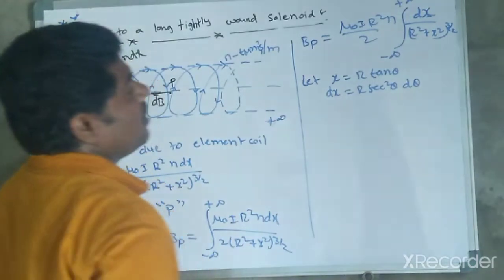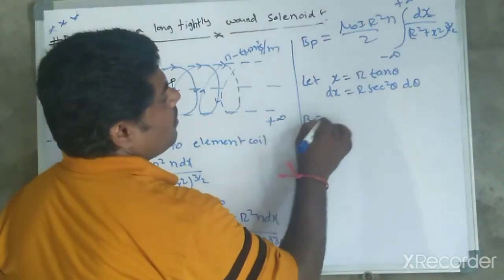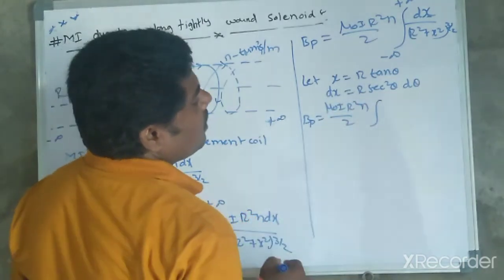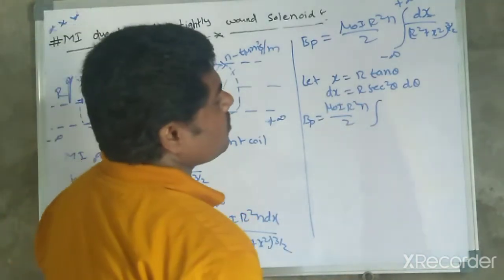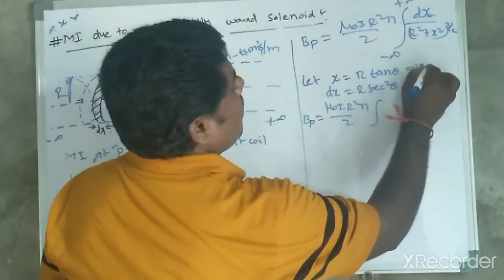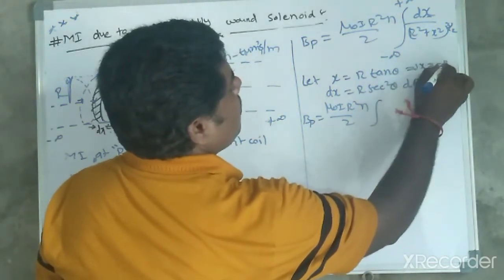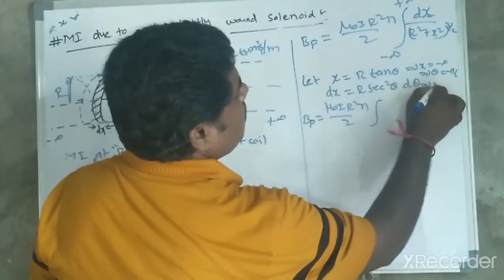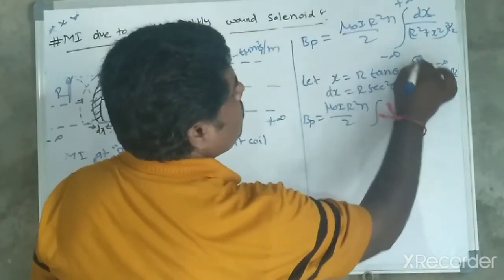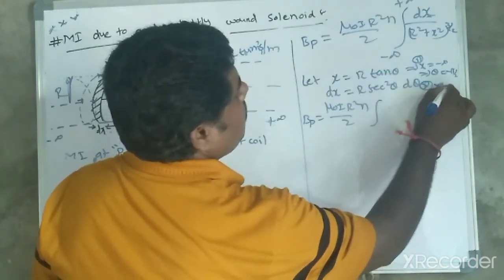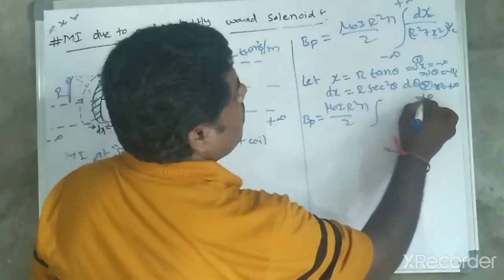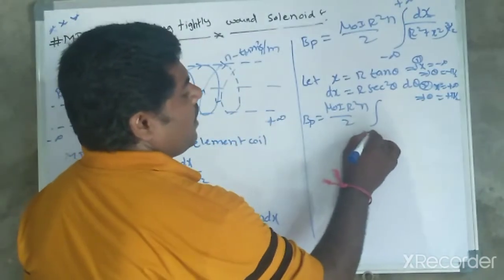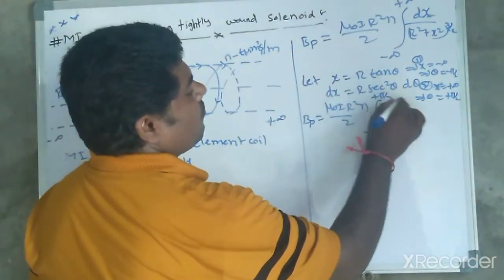Substituting this value, BP is equal to mu naught I r square n divided by 2 times the integral. Here the limits also change. If x is equal to minus infinity, then theta is equal to minus pi by 2. If x is equal to plus infinity, then theta is equal to plus pi by 2. So the limits are minus pi by 2 to plus pi by 2.